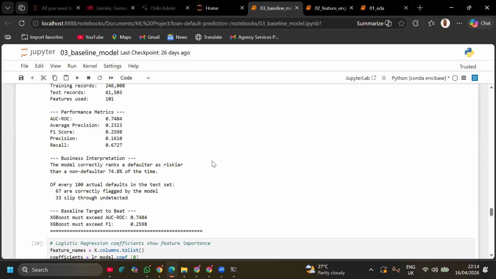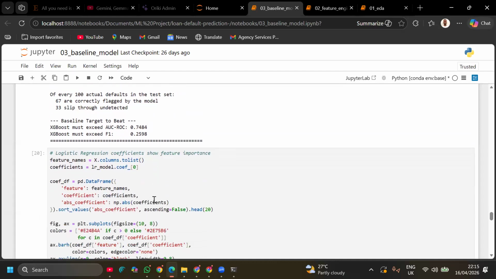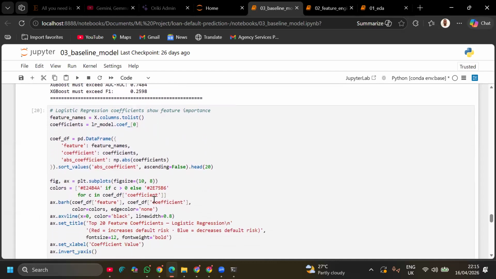That is what the recall is trying to tell us. So now we want to check our XGBoost to see if the model is actually better than this 74% that the logistic regression is telling us.